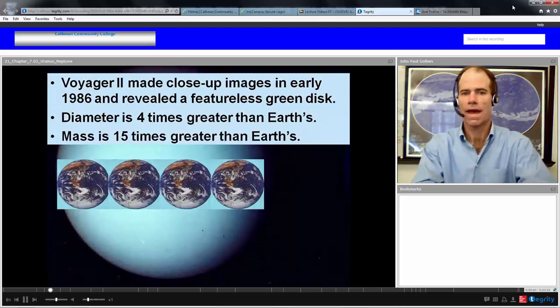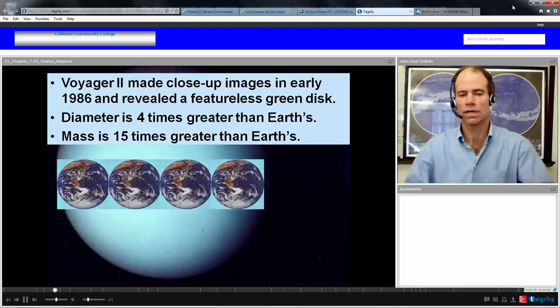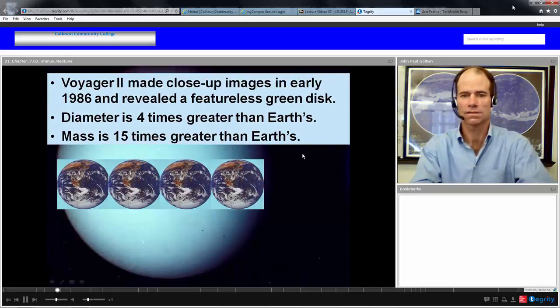And its mass is 15 times greater than the Earth's mass, yet its density is much less than the Earth's. The Voyager picture showed no features, just a green-bluish disk in 1986 with no particular bands or storm features on the surface.